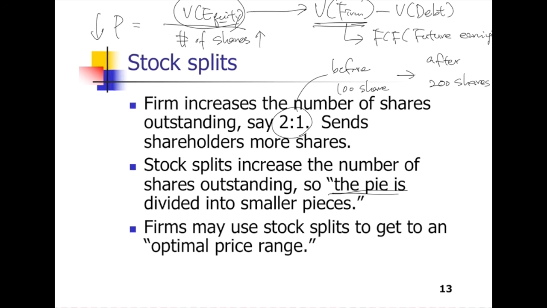Why does a firm do a stock split? There are 3 reasons. The first one is the optimal price range. There is a widespread belief in the financial market that an optimal price range exists for stocks. Many observers believe that the best range for most stocks is from 20 to 80 per share.